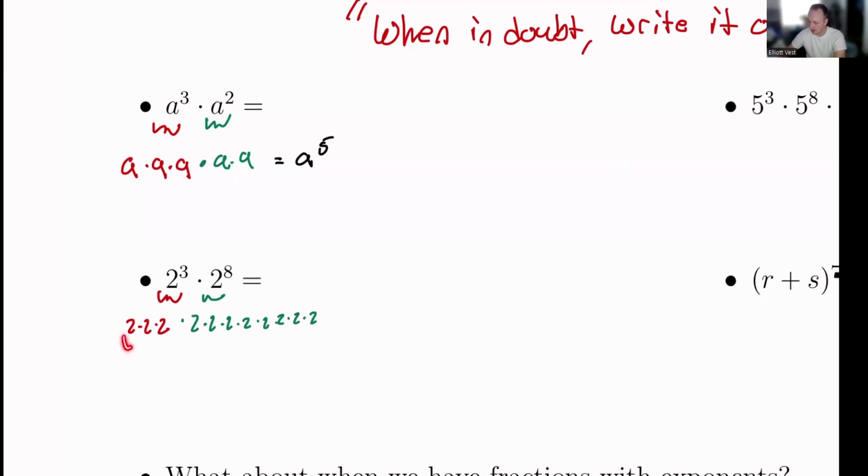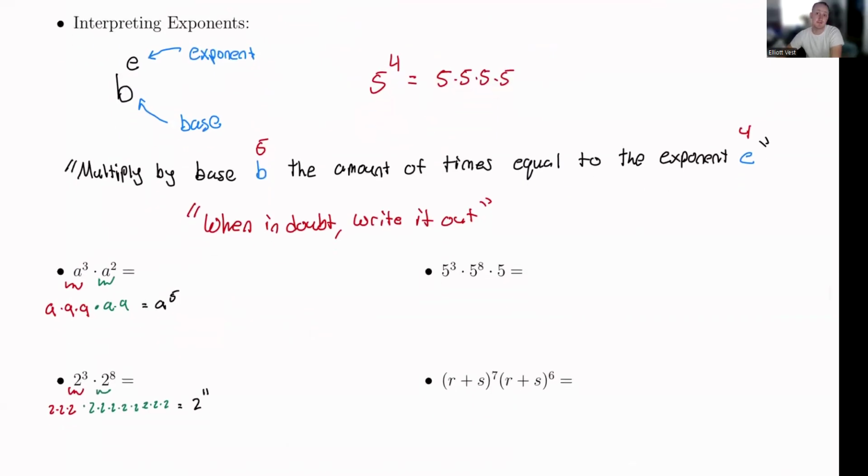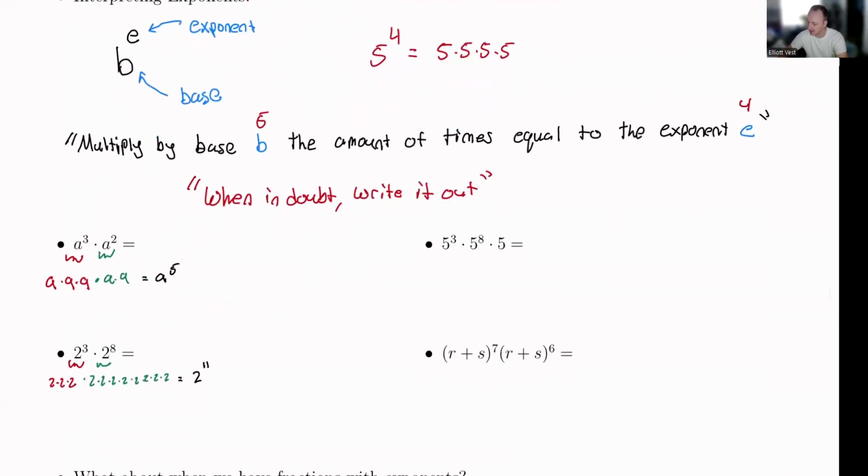I have 3, 4, 5, 6, 7, 8, 9, 10, 11. So this, as a singular exponent, if I was combining these together, is 2 to the 11th power because I have 11 twos. So just like I can expand it, I can also move this all together to be one number to a power like this, right?